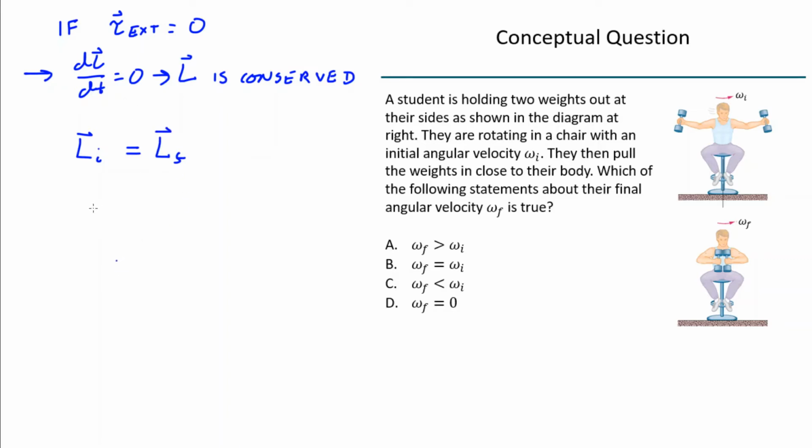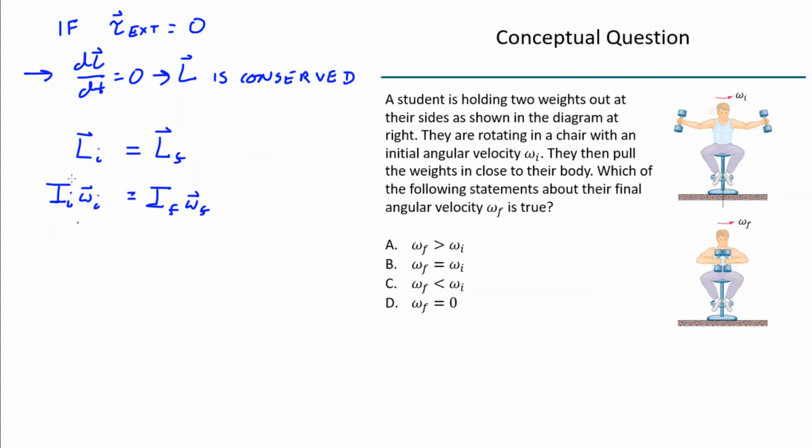Well, we have an equation for the angular momentum in terms of the moment of inertia and the angular velocity. In general, L equals I times omega. So L initial is going to be I initial times omega initial, and L final is going to be I final times omega final.